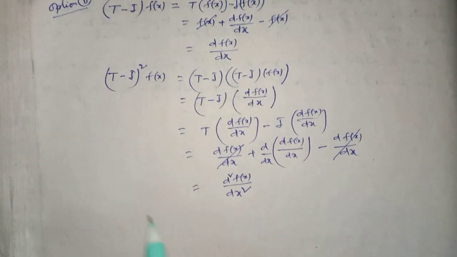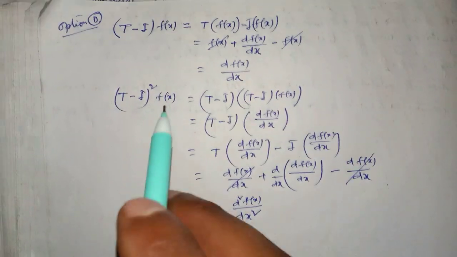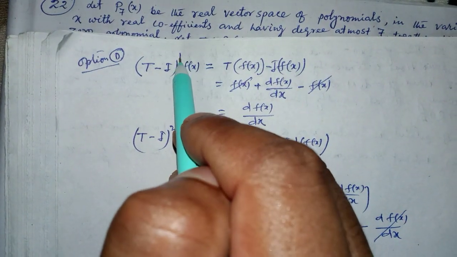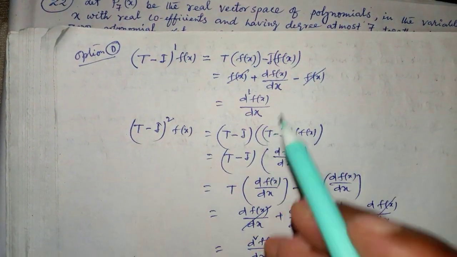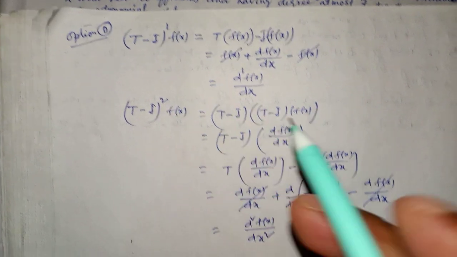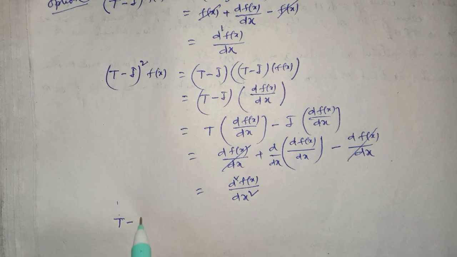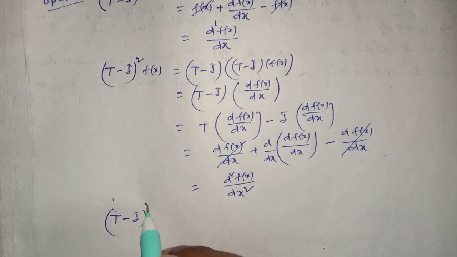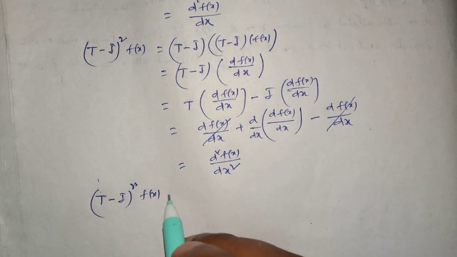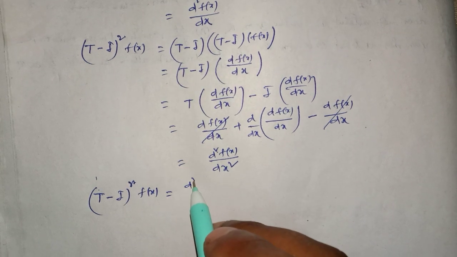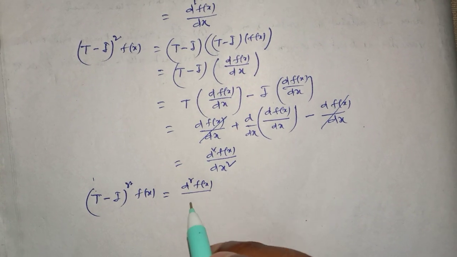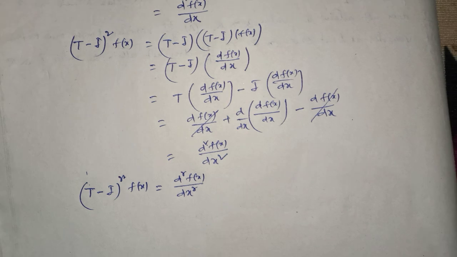Therefore we see that when the power is 1, here 1, when it is 2, here 2, therefore (T − I) to the power r of f(x) is equal to d^r f(x)/dx^r.